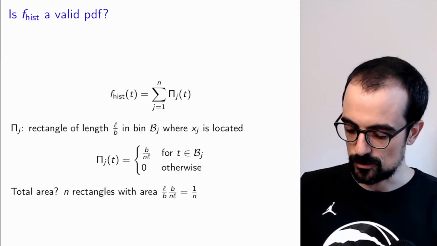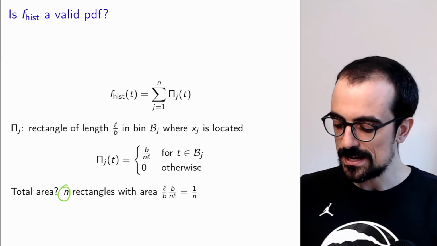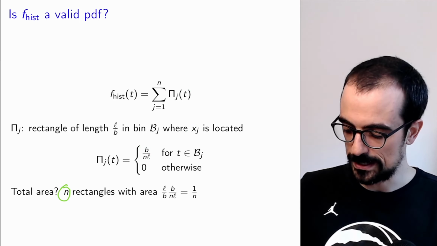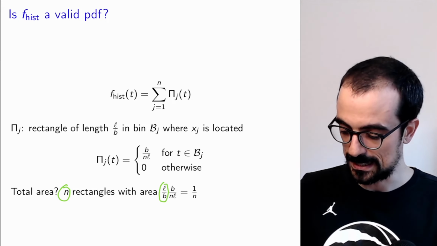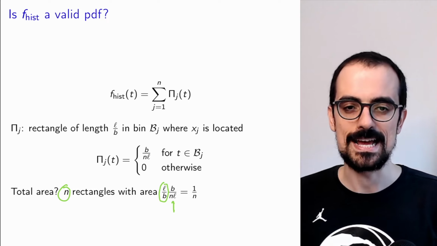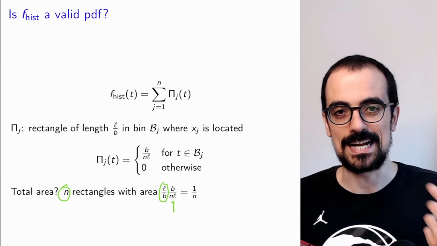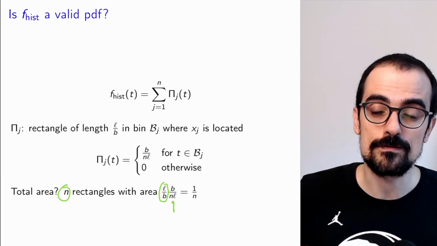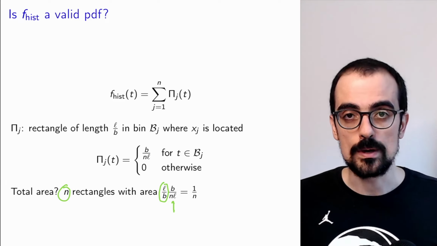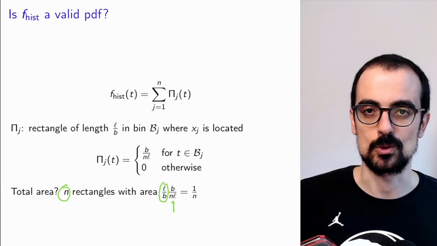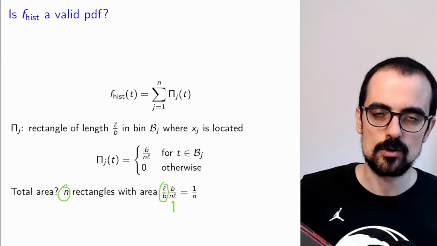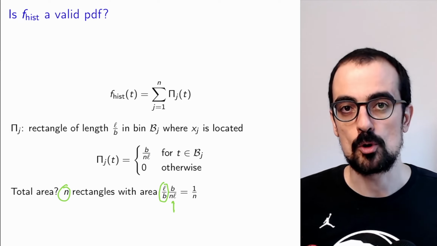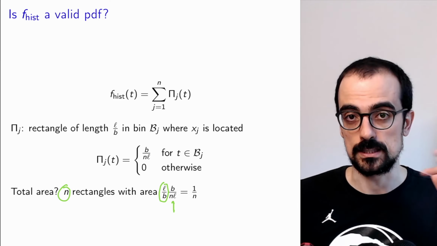Well, we have n rectangles, and the area of each of them is their width or length, L over B, multiplied by their height, which is B over NL. That area is going to be 1 over n. We have n of them. When we add all those areas, we have a histogram that adds up to 1. So essentially, I'm saying a little bit more formally what I was saying before, that if we normalize appropriately, we're going to get a valid density that is going to integrate to 1.